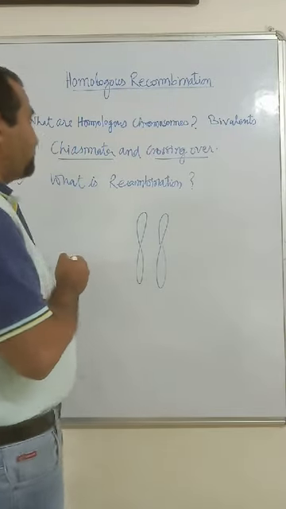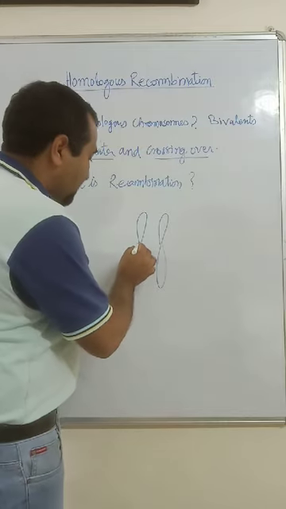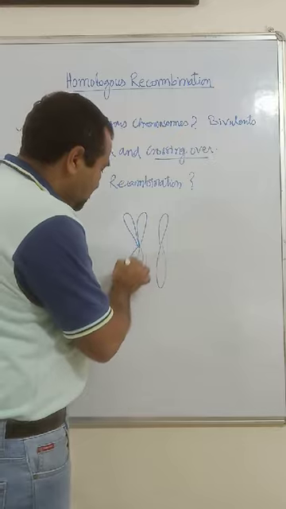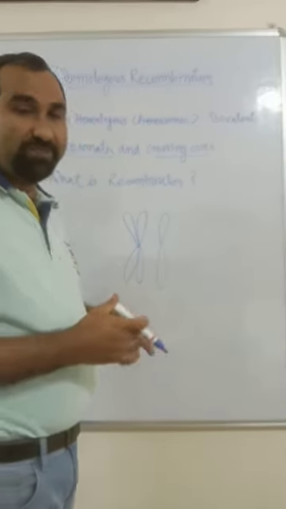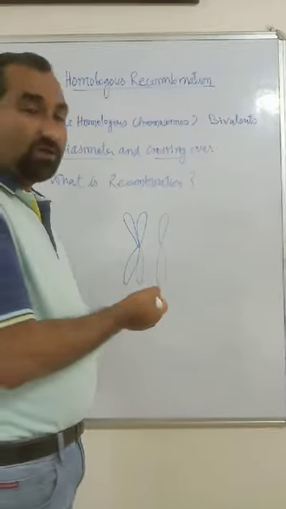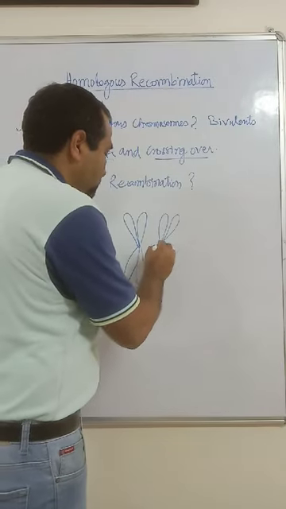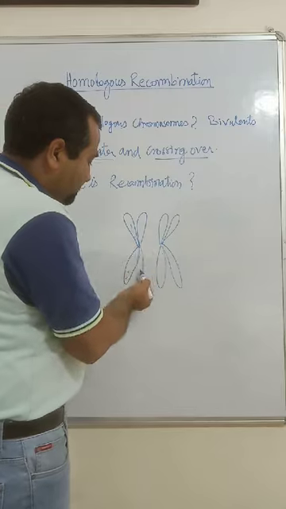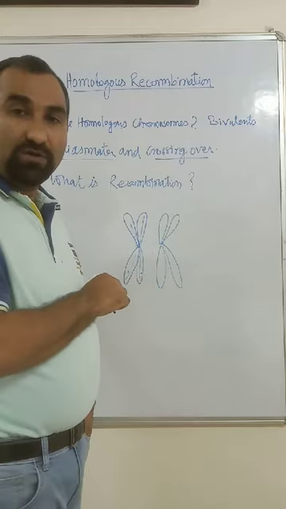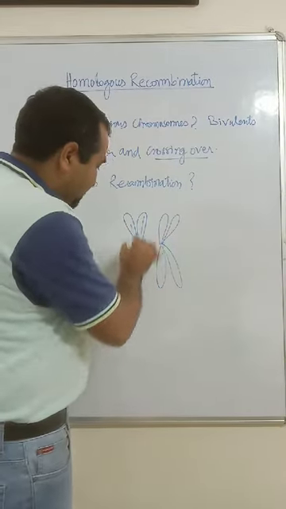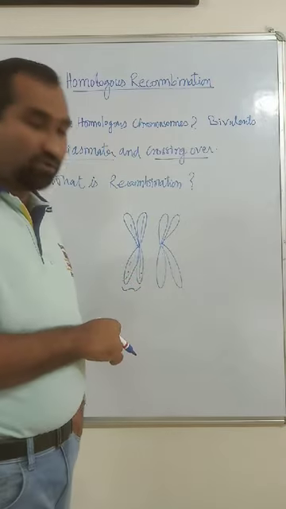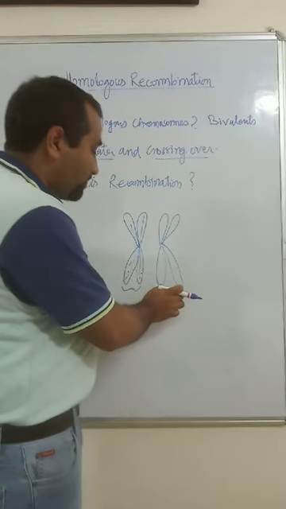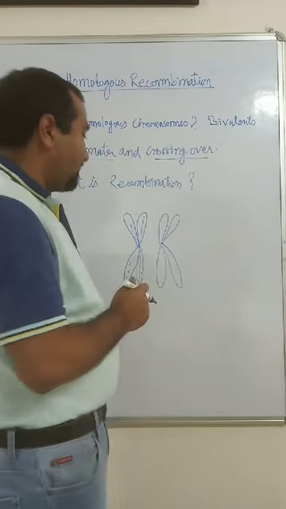So this is a homologous pair, and each homologous chromosome has its identical copy already prepared in the S phase of the cell cycle. So this is one copy of this chromosome, this is another copy of this chromosome, and both are the same chromosome, so they are known as sister chromatids. Here these two are the sister chromatids, or identical copies of this chromosome number 2.